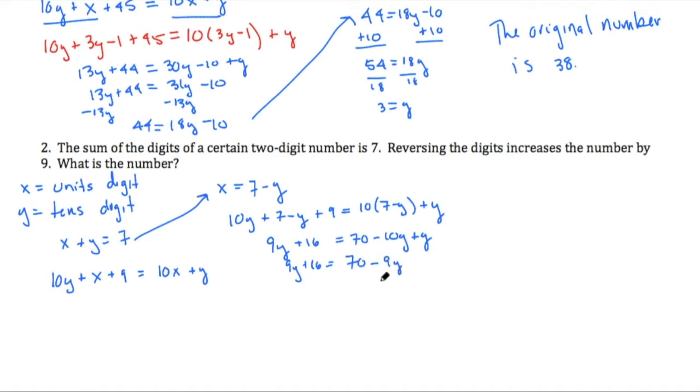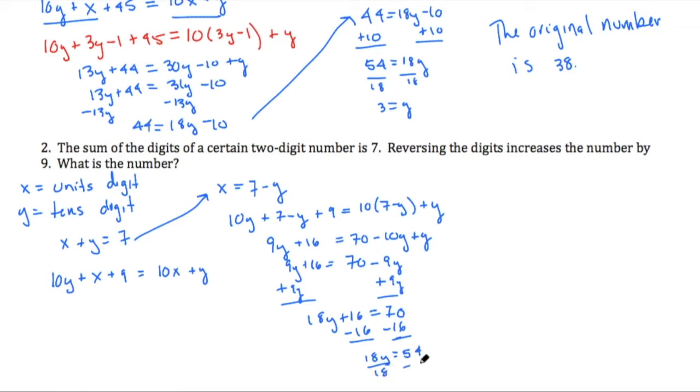Okay, we're almost there. I'm going to add 9y to both sides, and we get 18y plus 16 equals 70, and we can subtract 16 from both sides, and we get 18y equals 54.